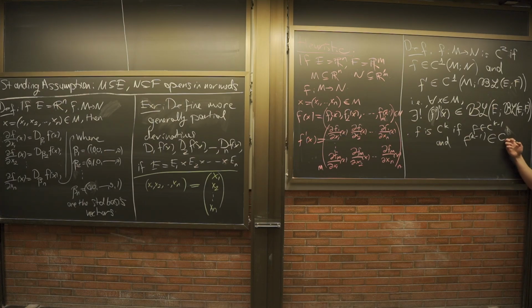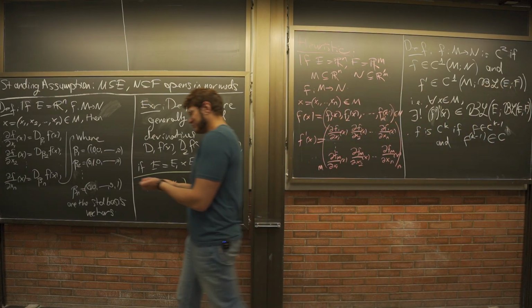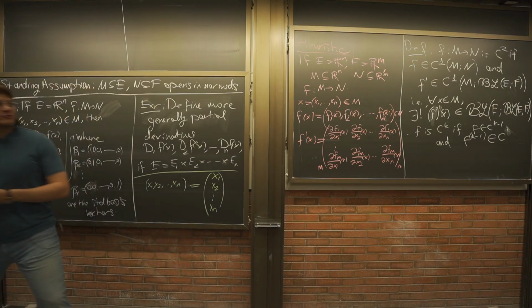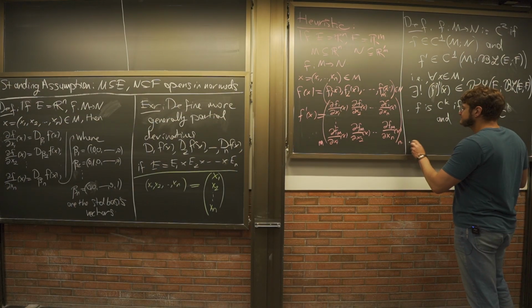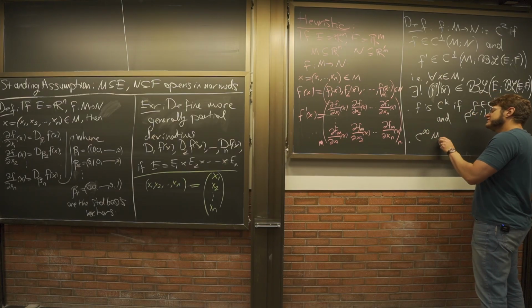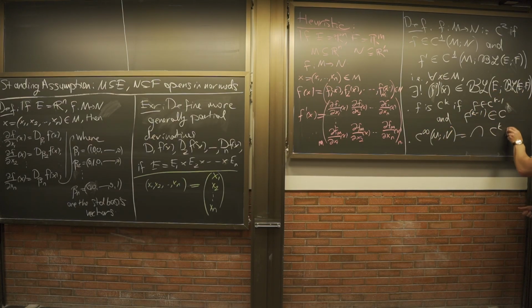You see, this is how you get rid of writing these things. You just say this is the regularity, without saying what the input space and output space are. This is something people do all the time. And of course, let's also define C infinity, infinitely many times differentiable. This is nothing but functions that are C^k for any k.